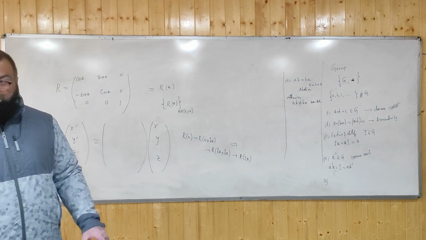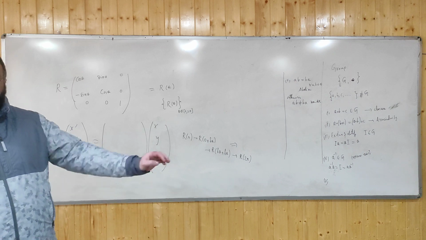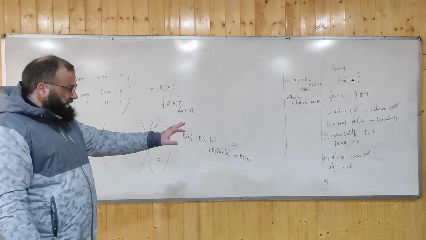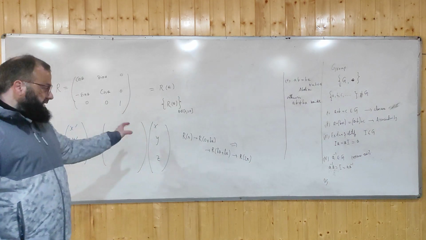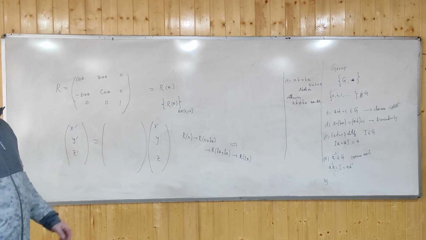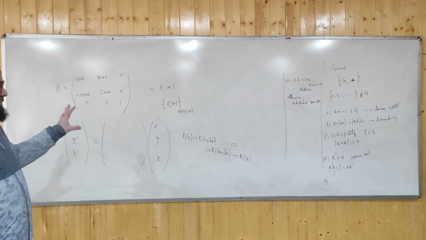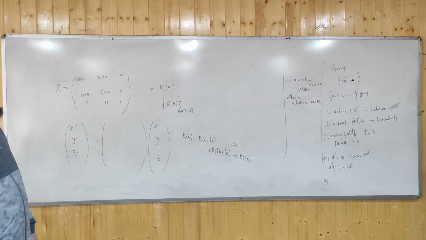Samajh aaya? So this is the definition of the group, and there are various terms. I will take them up rigorously later on. I will start from these kinds of examples to give you the flavor of groups, these rotation groups. Clear?